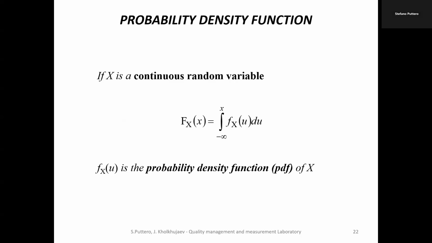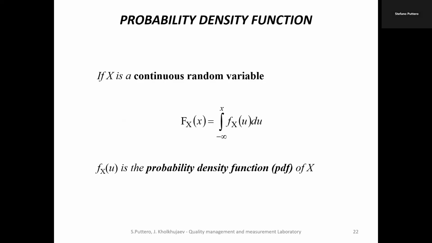We can make an example of a continuous random variable. A continuous random variable, for instance, can be the measurement of a mechanical component in a production process. We know that this measurement can take all values within a certain range, which, as we see during the course, is called tolerance interval, and so not just discrete values.